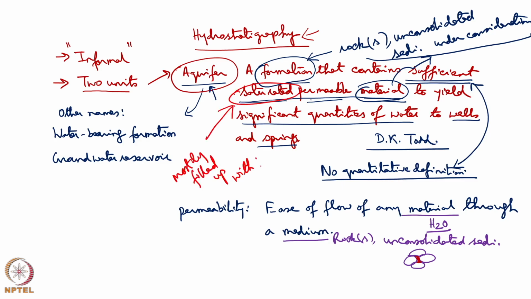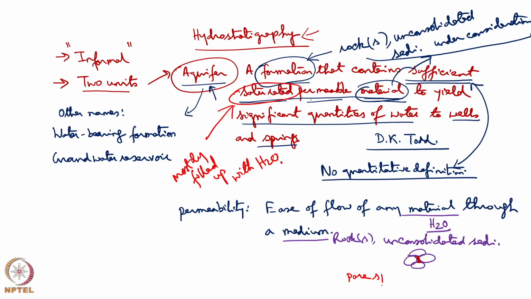So, the presence of pore space is required and they have to be interconnected so that permeability can arise. If there are pore spaces which are not interconnected, then permeability is practically zero. From the pore space we can define a term called porosity, and from interconnected pore space we can define the term effective porosity.